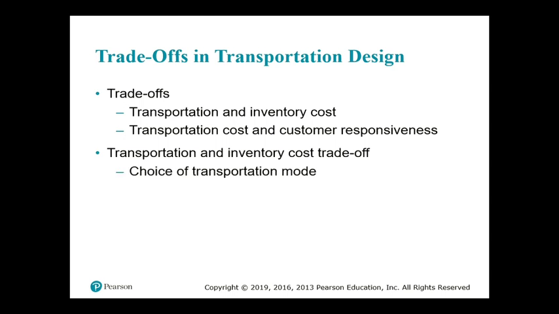And to determine the appropriate transportation and inventory trade-off, we choose the appropriate mode of transportation that achieves the appropriate level of responsiveness in our supply chain, and also achieves the appropriate level of inventory aggregation in our supply chain.